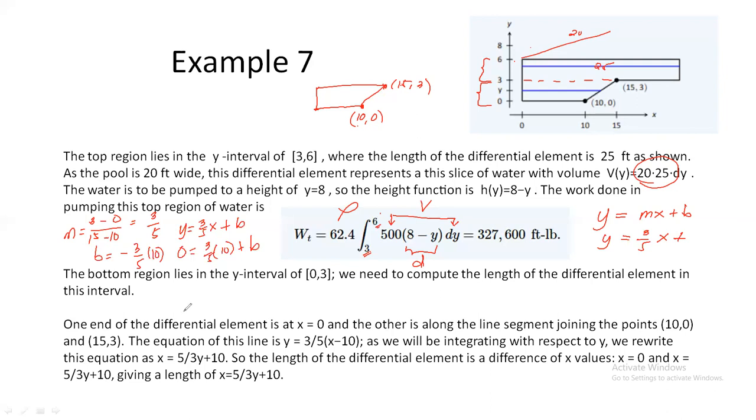That's the reason why you see this formula here. The equation of the line relating this varying length of the cross-section at the bottom of the pool is y equal to 3 over 5x minus, it's not plus, because in our computation here it's negative.